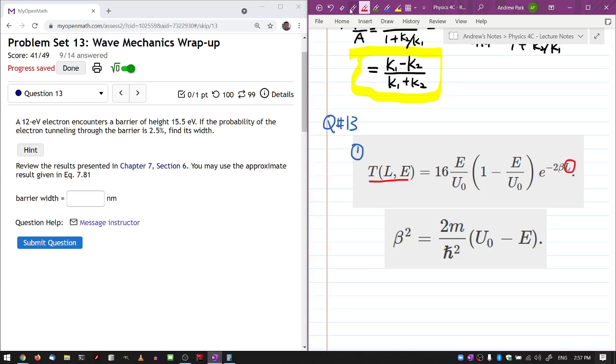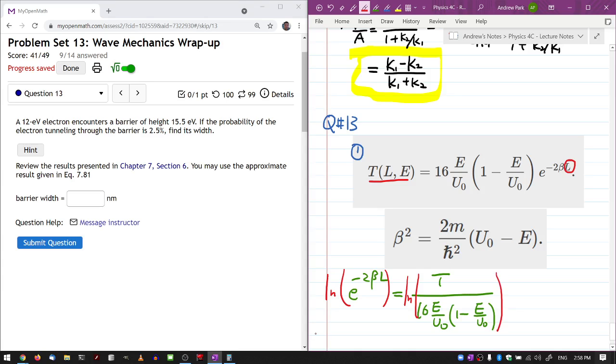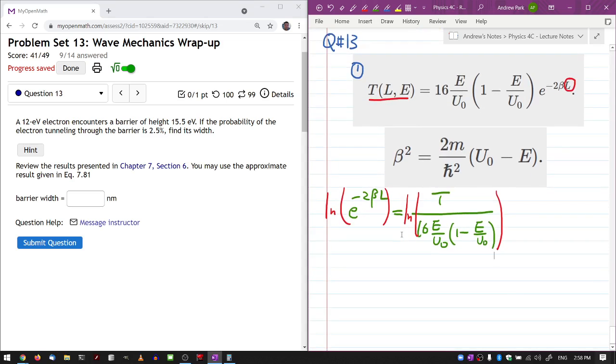So let me put everything together. e to the minus 2 beta L is equal to, everything on one side, T divided by 16 E over U naught times 1 minus E over U naught. Now I can take the natural log of both sides. Doing that gets me minus 2 beta L on the left-hand side and the natural log of that big thing on the right-hand side.